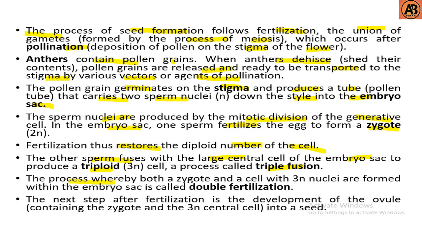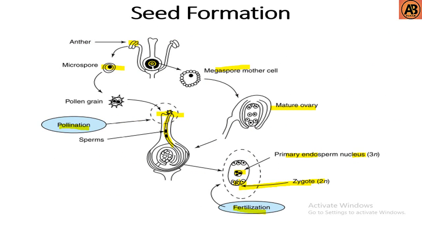The process whereby both the zygote and the cell with three nuclei are formed within the embryo sac is called double fertilization. That means in this embryo sac double fertilization occurs with two sperm nuclei. The first one creates the zygote and the second one creates the endosperm.